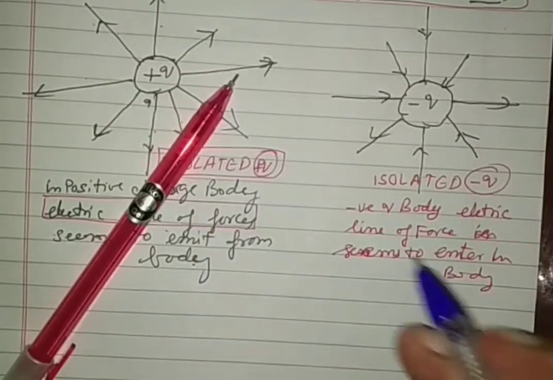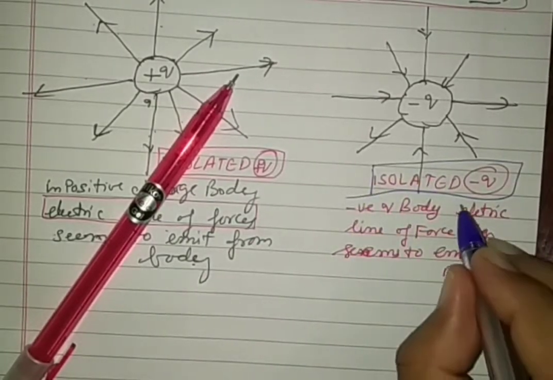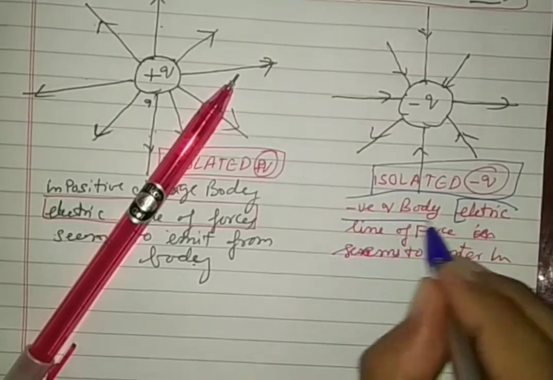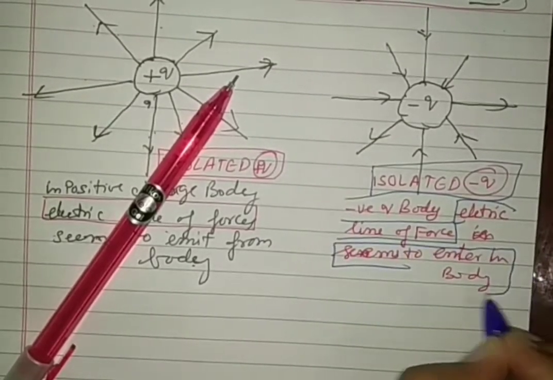See point 2: in an isolated negative charged body, electric lines of force seem to enter in a body.